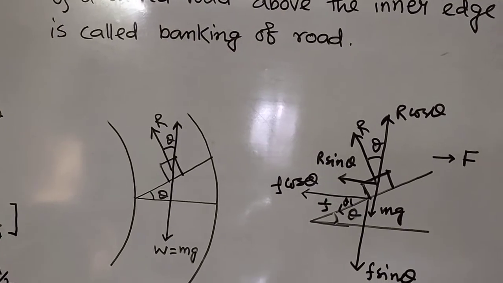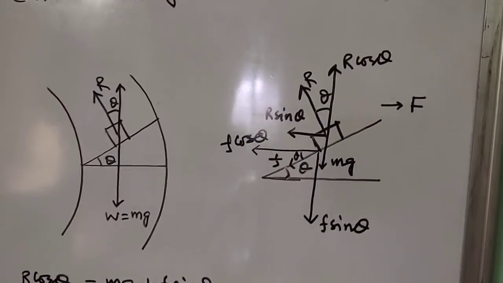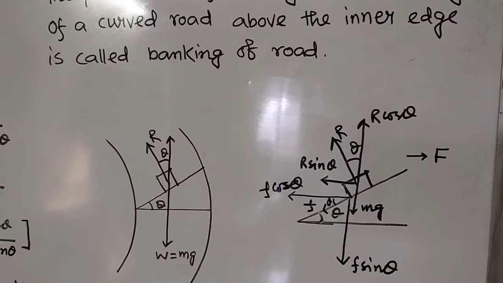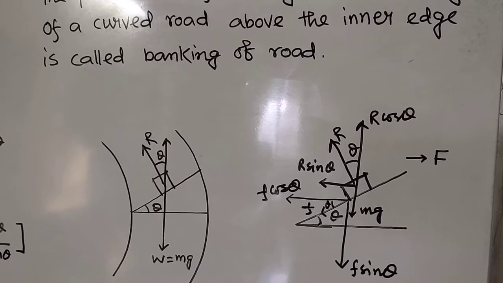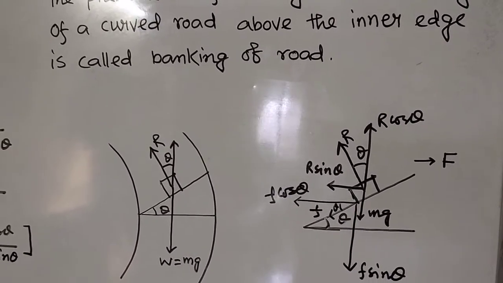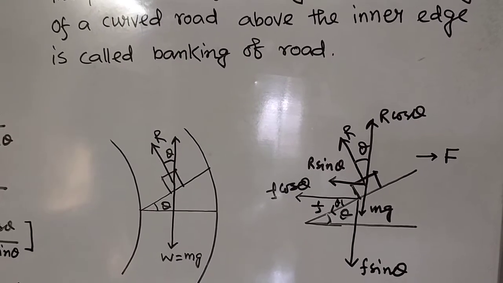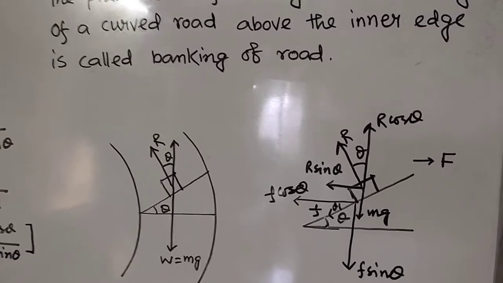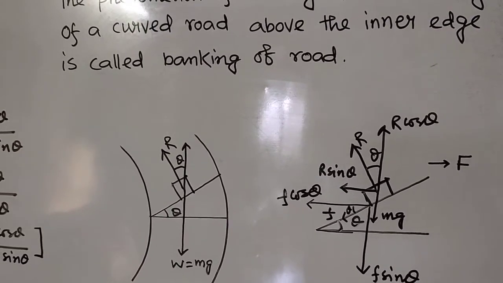Under this condition you will get a few components as is clear from diagram 2. So if R makes an angle theta with the arrow which is opposite to the direction of the weight, then there are components R cos theta and R sin theta.